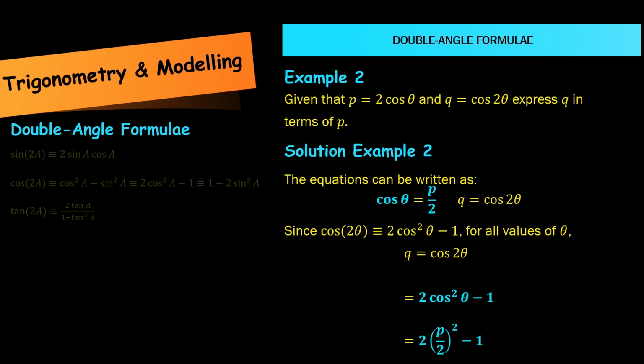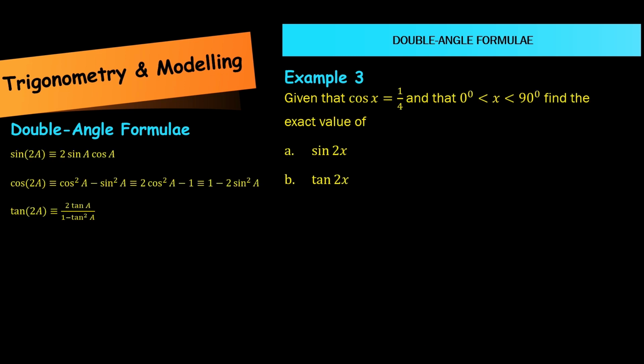And of course cos²θ equals (P over 2) all squared as shown. And so we've expressed Q in terms of P as shown.